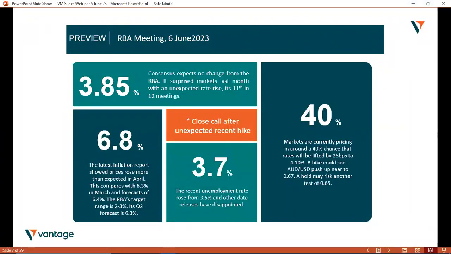So a contrasting picture really for the RBA to contend with. Obviously, if it sees inflation rising again, then it may be hard for the RBA to sit on the sidelines potentially at this meeting. And certainly, of course, inflation is well above the RBA's target range, which is 2 to 3%.